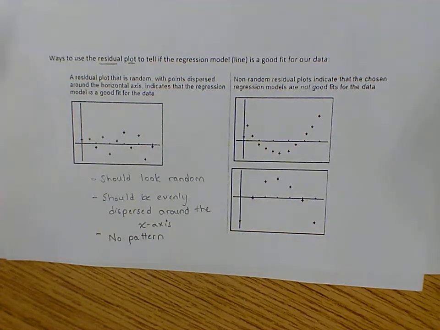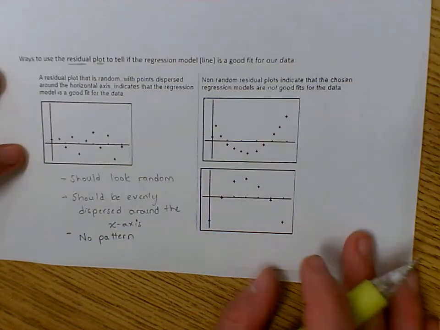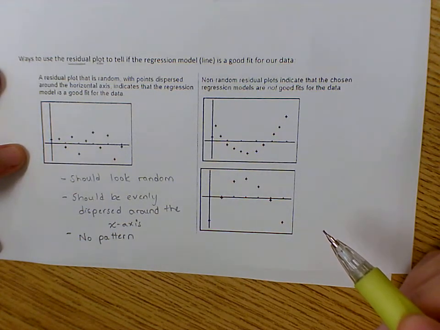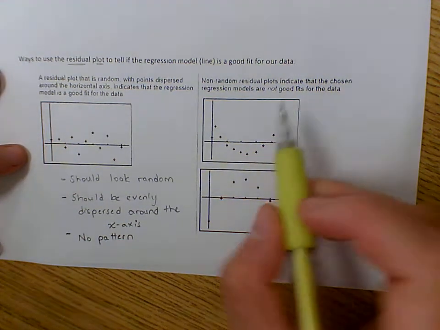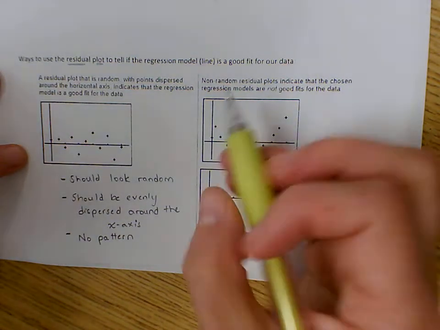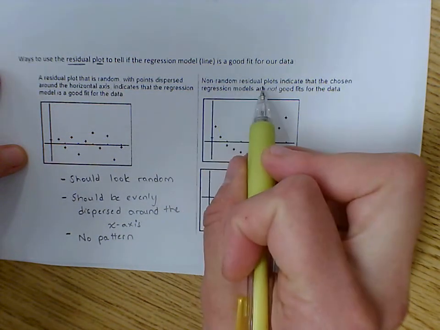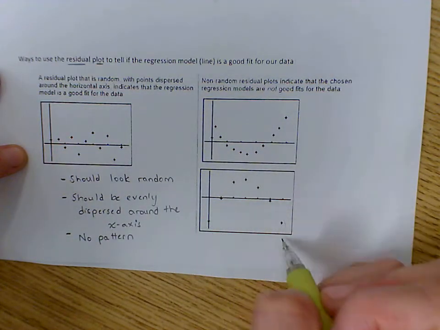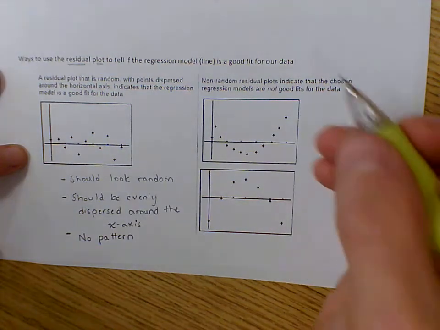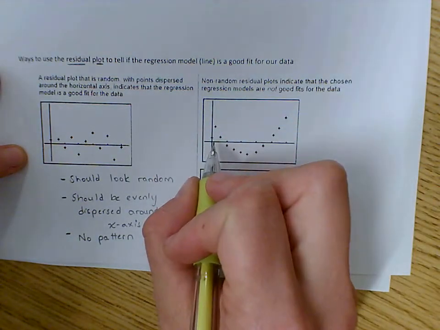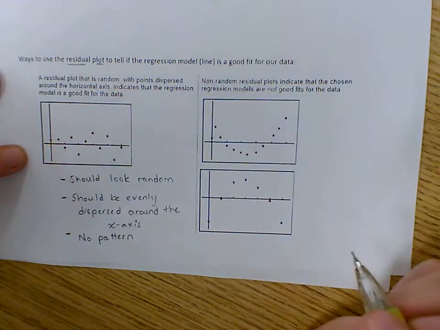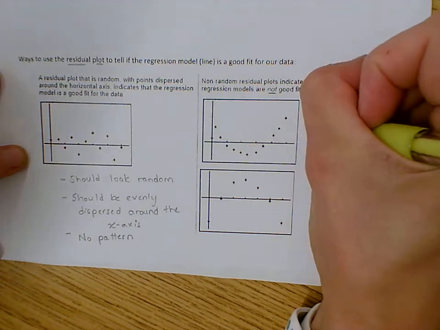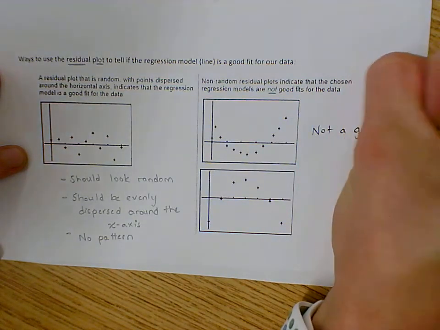So what would the graph look like if it's not a good fit? Over here, these are examples of things that would mean that the line is not a good fit for your data. If it's not random, in other words, it forms a shape, like you notice these have a U shape, then that means that the regression model, that line of best fit, is not a good fit for your data.